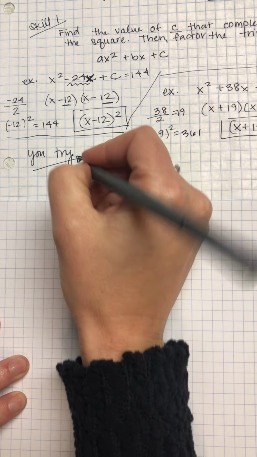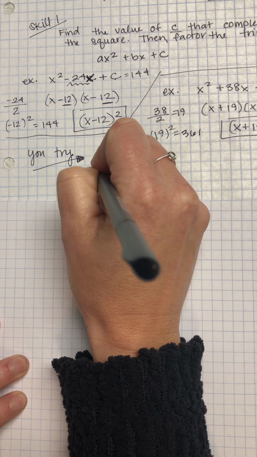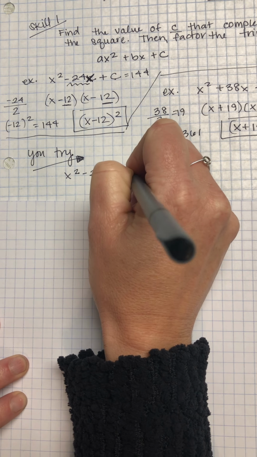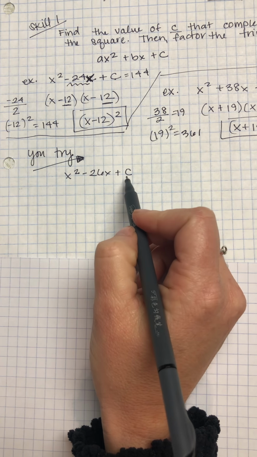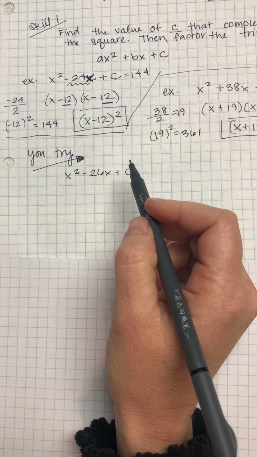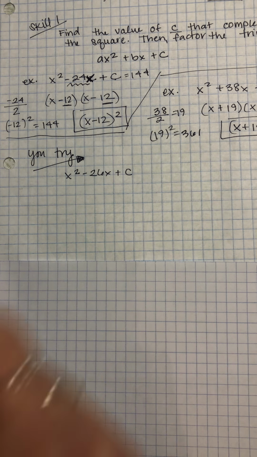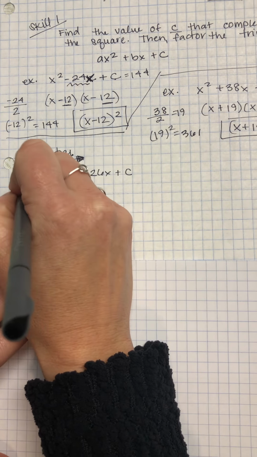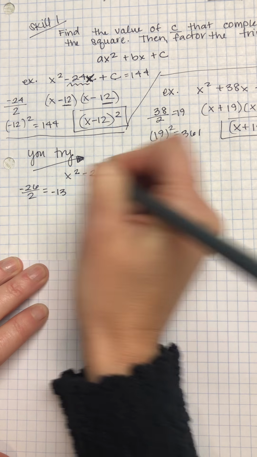Let's say you have x squared minus 26x plus c. Careful with your signs. Notice that you've got a negative here and a positive here. Negative 26 divided by 2 is negative 13.